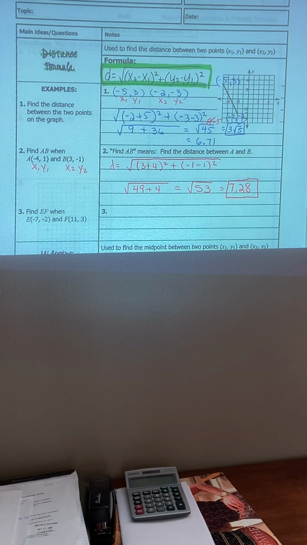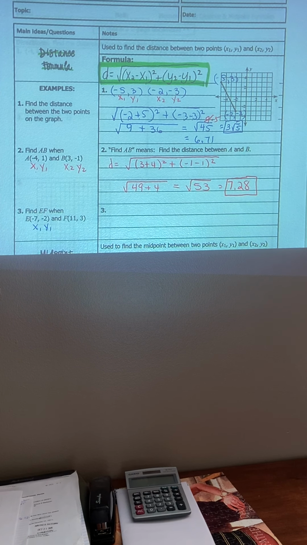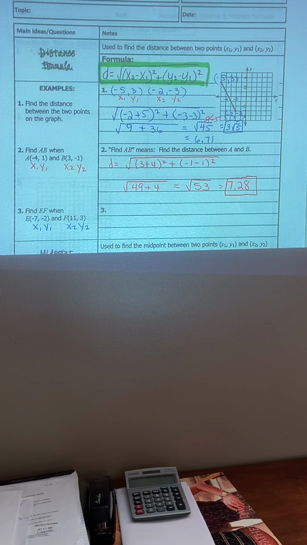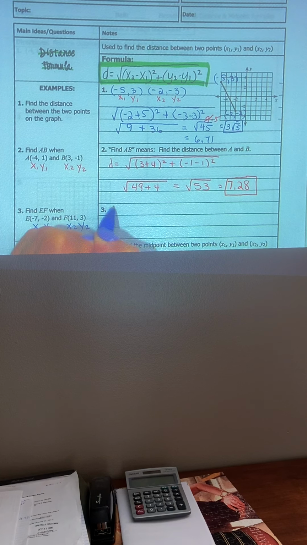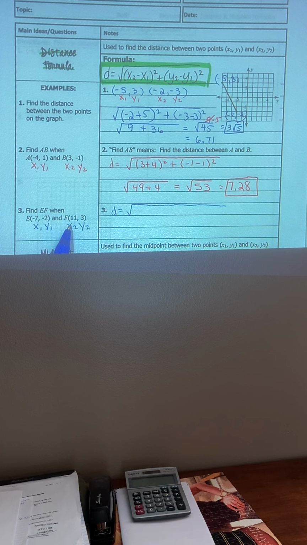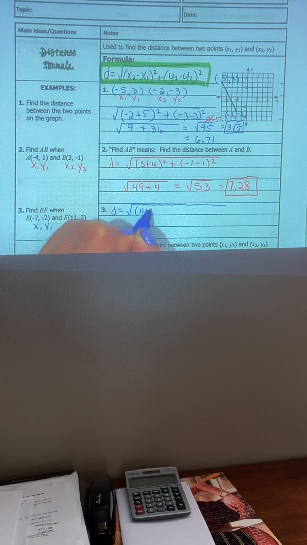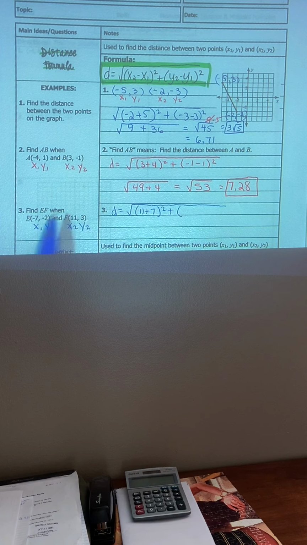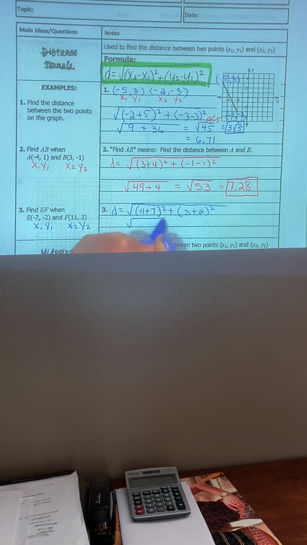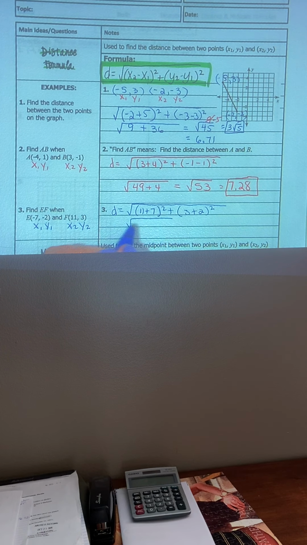Number 3. x1, y1. x2, y2. All right. 11 minus -7, which means 11 plus 7. And then 3 minus -2, which means 3 plus 2. Okay, and we get 18 squared. 18 squared is 324, and 5 squared is 25.